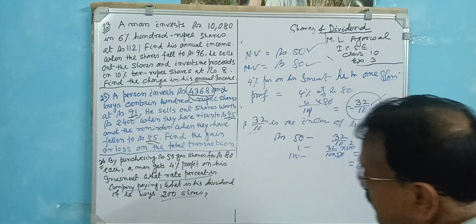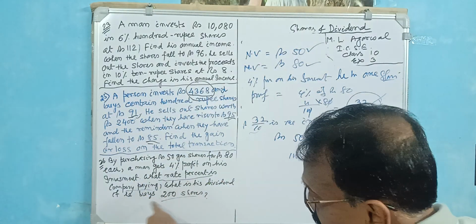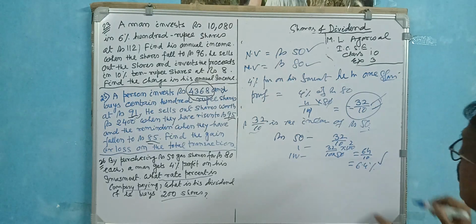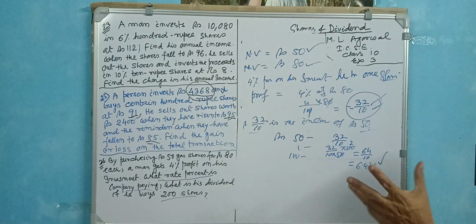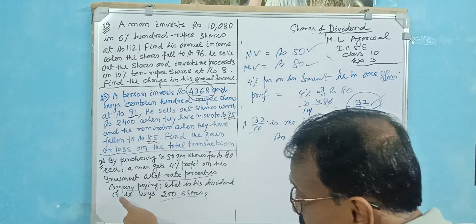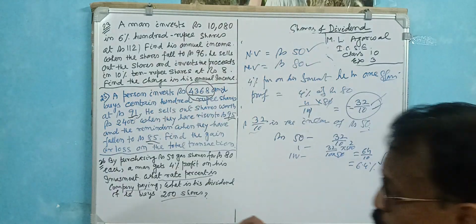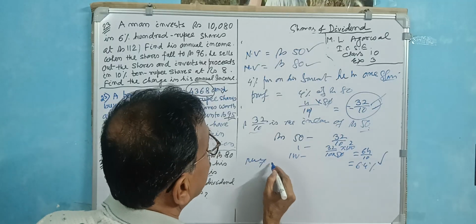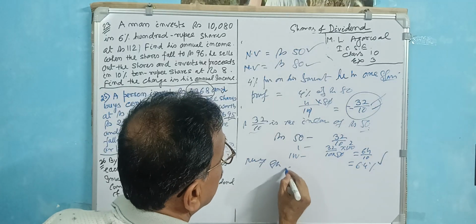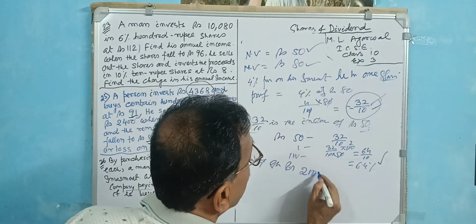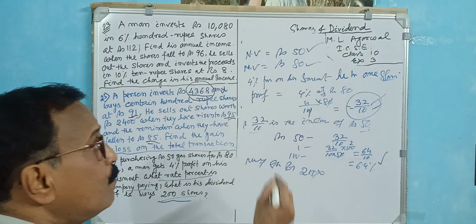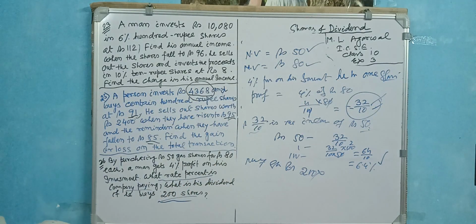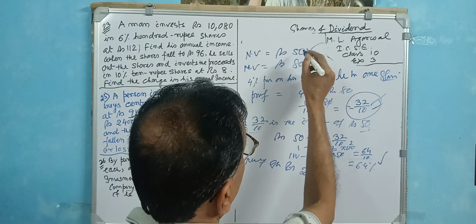Now dividend percent is clear. What rate percent is the company paying? 6.4% dividend is paid by the company. Now, what is his dividend if he buys 200 shares? What is the nominal value? The nominal value is 50.